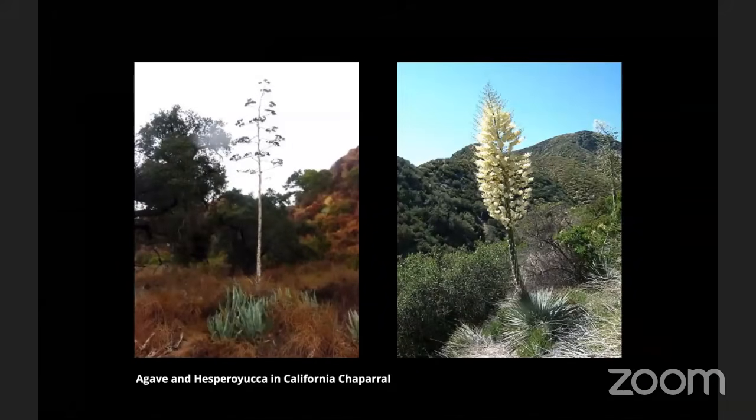So a couple of other non-desert succulents. Here are agave and Hesperoyucca, which is our local yucca, also called Our Lord's Candle, a kind of local strap-leafed yucca type plant. And those are ones that grow in California chaparral, which is very dry. But if you look at them, this isn't like no plants around it, all just rock, full blasting sun all day.